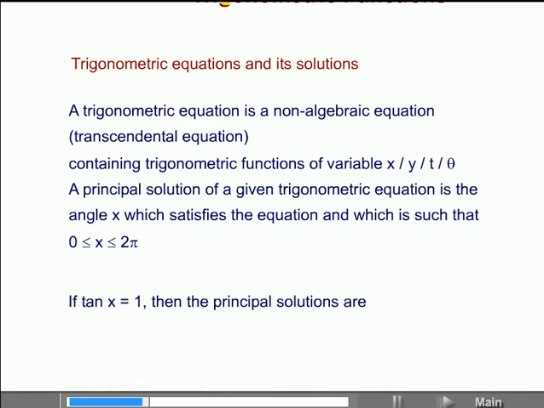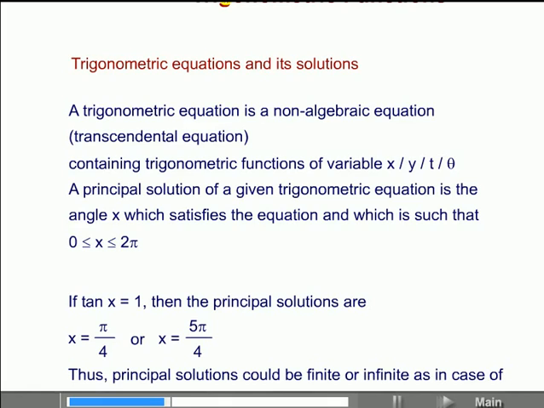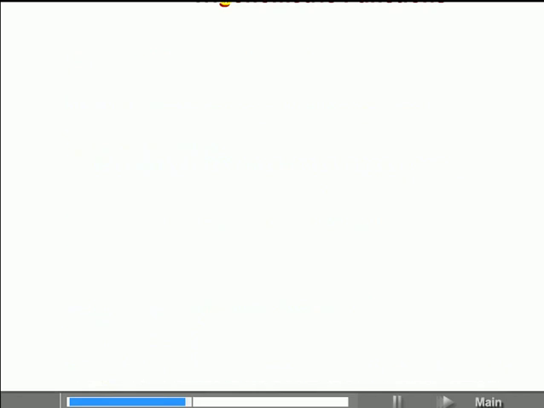If tan x is equal to 1, then the principal solutions are x equal to pi by 4 or x equal to 5 pi by 4. Thus, principal solutions could be finite or infinite, as in case of the trigonometric equation sin square x plus cos square x equal to 1.